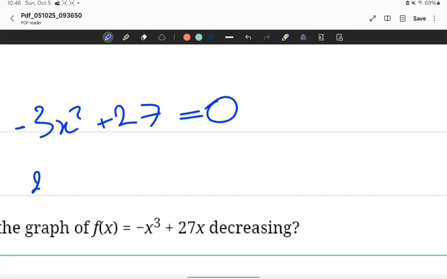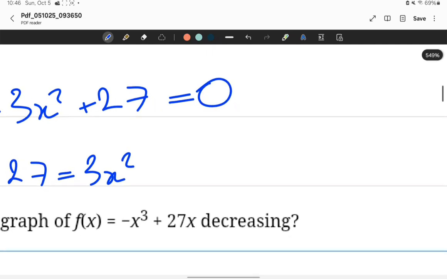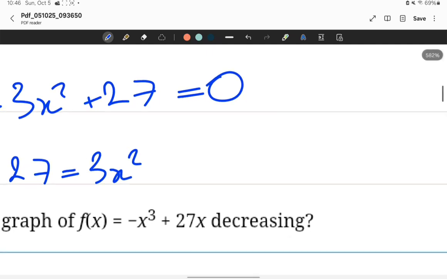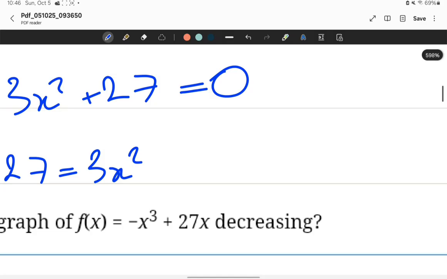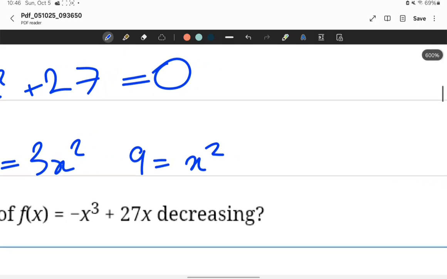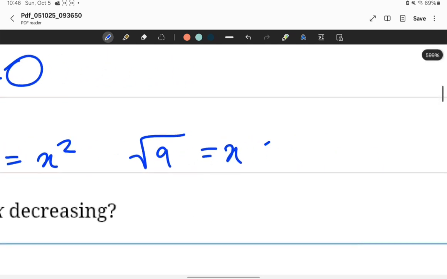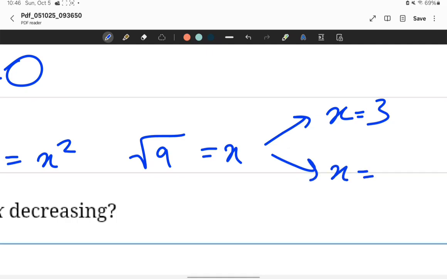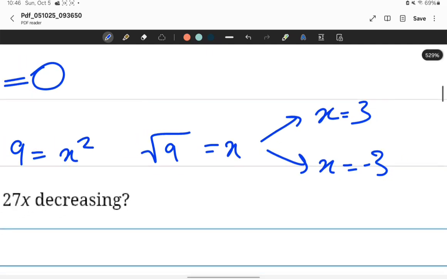So it's going to be 27 equals 3x squared, so that you could take 3 to the other side. 27 divided by 3, you get 9 equals x squared. And then do the radical, 9 equals x. So that means x is equal to 3 or x is equal to negative 3. Okay, so these are the two roots that we have.